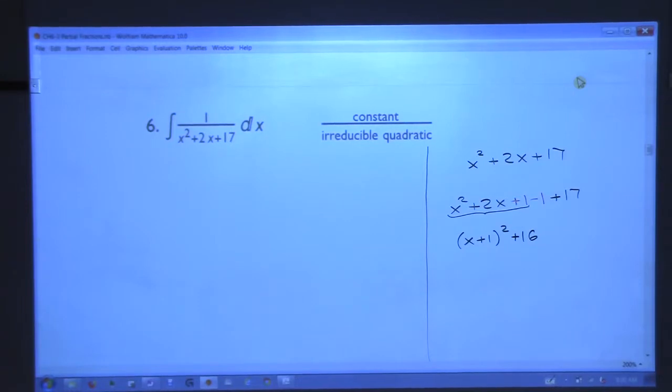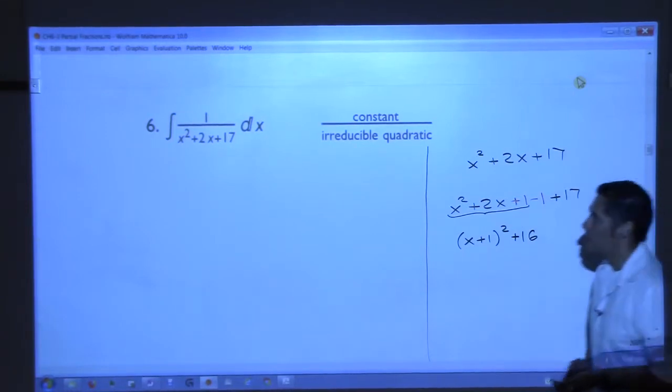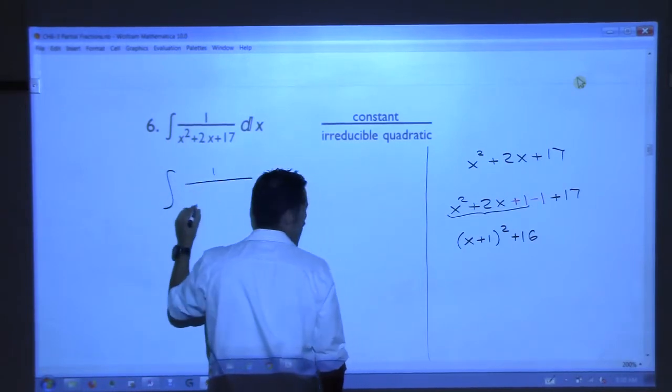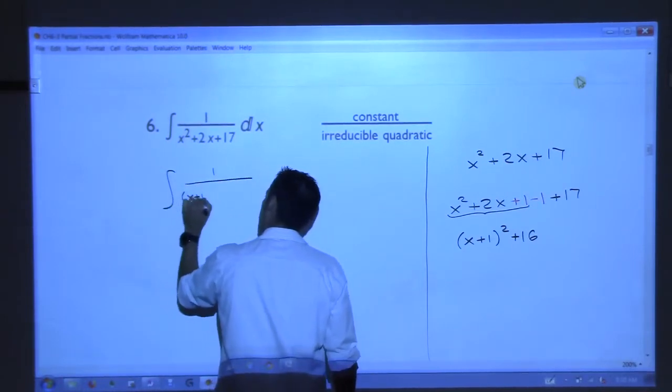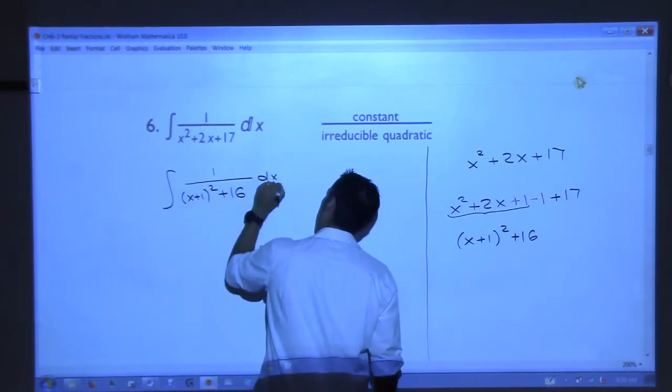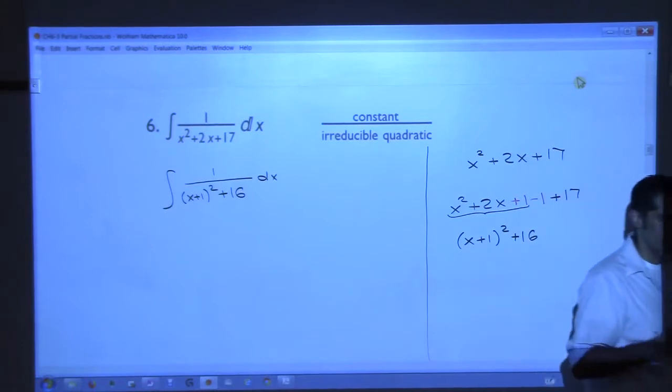All right, so now I rewrite the problem. This is the integral of 1 over (x plus 1) squared plus 16 dx. Now I'd like for you to just squint your eyes when you look at this.